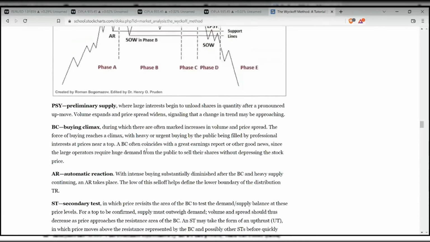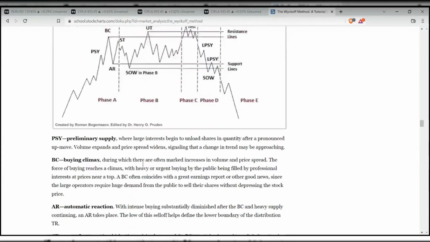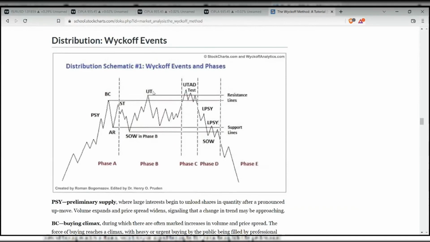UT is called upthrust, UTAD is called upthrust after distribution. So we have an upthrust liquidating this trend line or these highs, and the UTAD has to liquidate the upthrust. This is again upthrust after distribution, UTAD, and price needs to test that UTAD, and we have LPSY or sign of weakness.